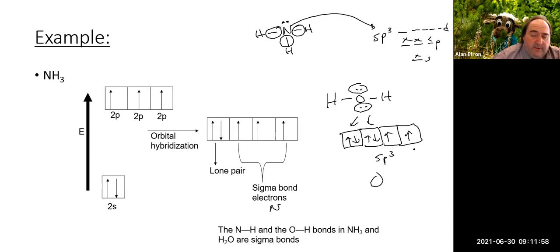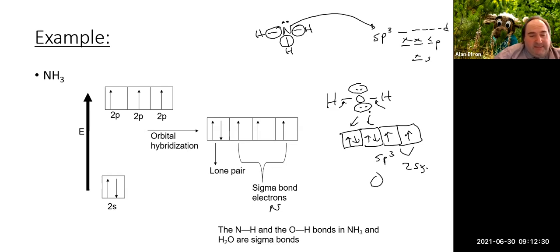That's going to allow only 2 sigma bonds to occur. Sigma bond 1 there and sigma bond 1 there, between an sp3 of the oxygen and a 1s orbital of our hydrogen, and same thing with our NH3. It would be an sp3 of our nitrogen and a 1s orbital of our hydrogen.